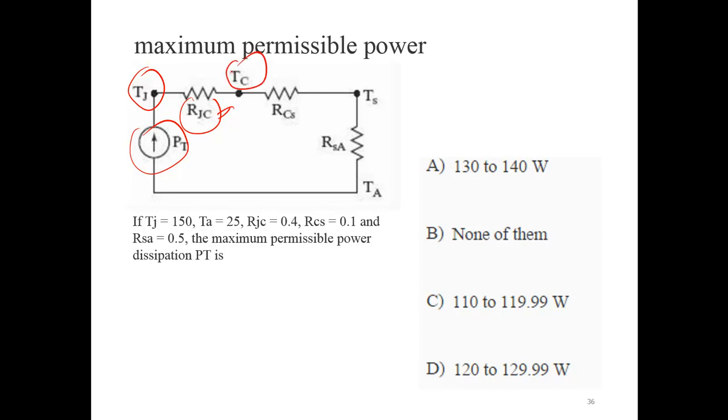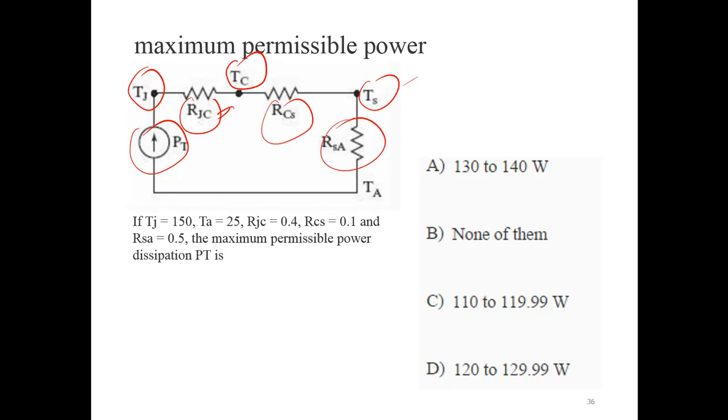From case to sink: normally a power transistor is mounted on a heat sink, and the sink will dissipate the heat. It depends on how the case is mounted to the sink, and then sink to ambient, where the ambient temperature is known.